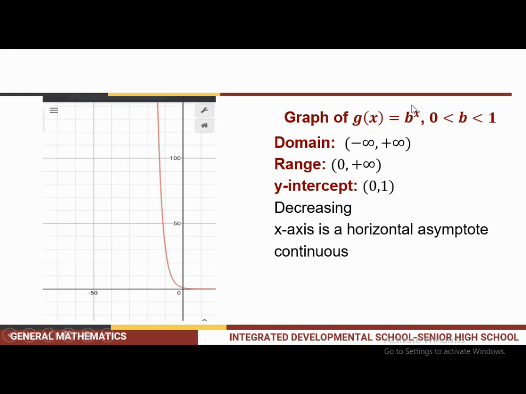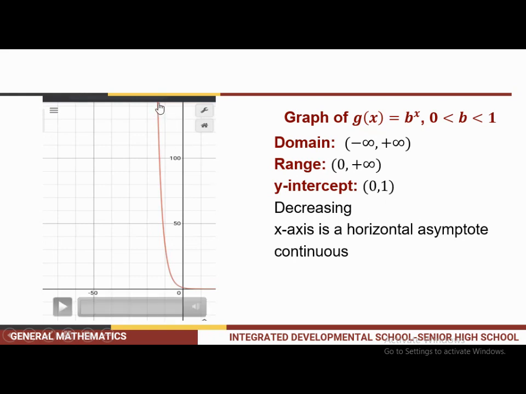Yung range natin, kahit anong values ng x natin, hindi talaga siya magre-result sa negative values at hindi din siya magre-result sa 0. Kaya we have here 0 to positive infinity. And for our y-intercept, we let x equals to 0. So if this is equal to 0, then we have here, which is equal to 1. That's why we have 0, 1.